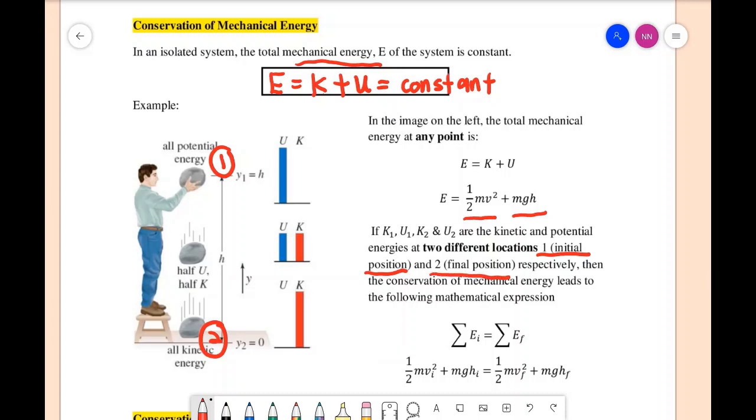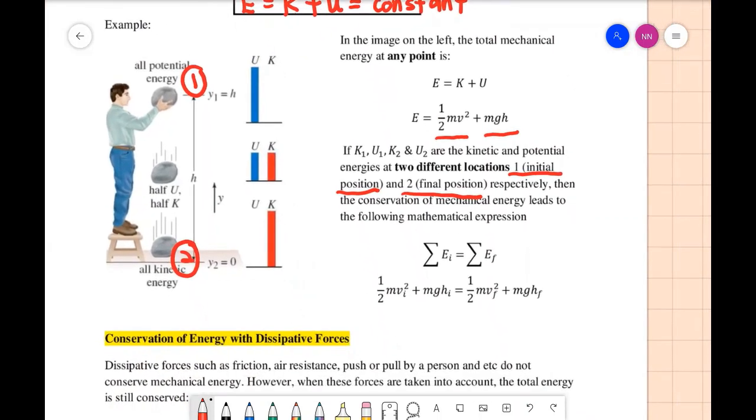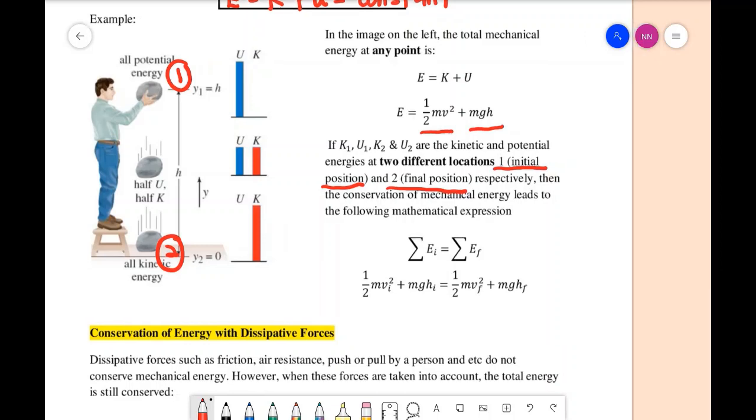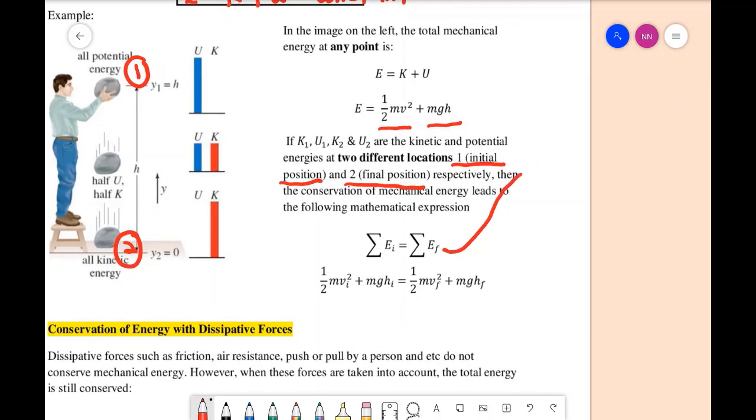Then the conservation of mechanical energy leads to the following expression: total energy initial equals total energy final.